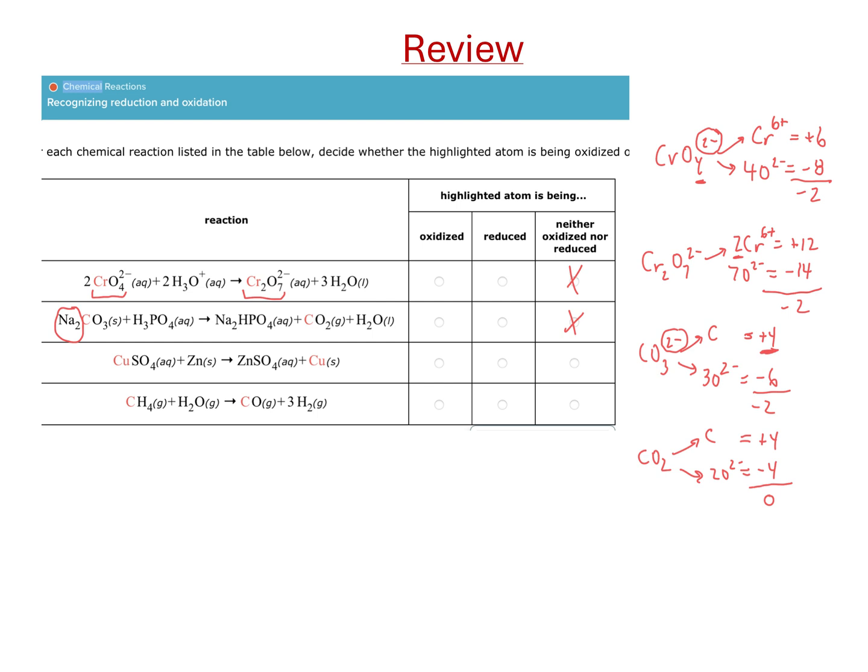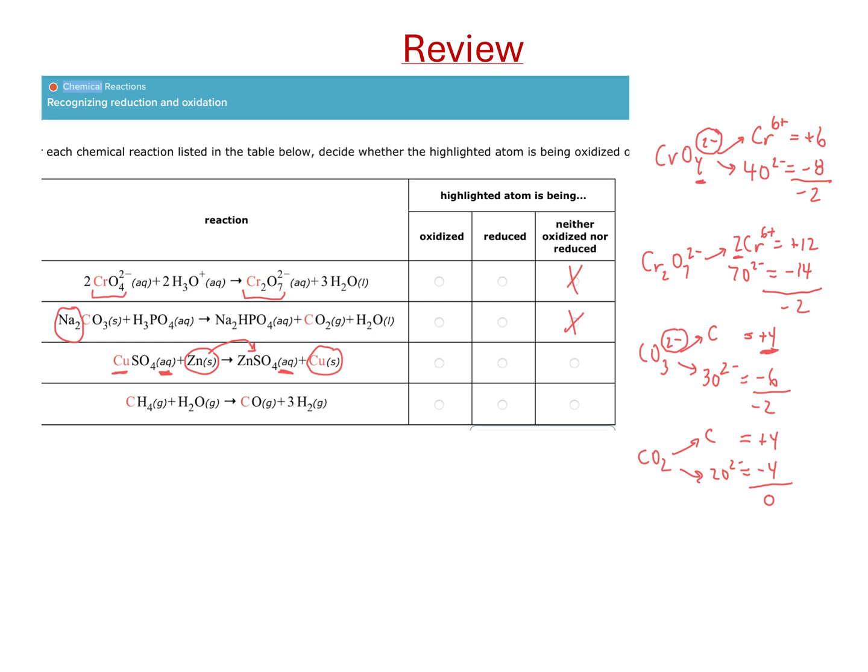The next reaction, copper sulfate reacts with zinc to form zinc sulfate and solid copper. This is a redox reaction. One clear sign is anytime we have something that's aqueous that ends up a pure elemental solid, or an elemental solid that ends up as aqueous ions in solution, that's a clear sign that there was a redox reaction.